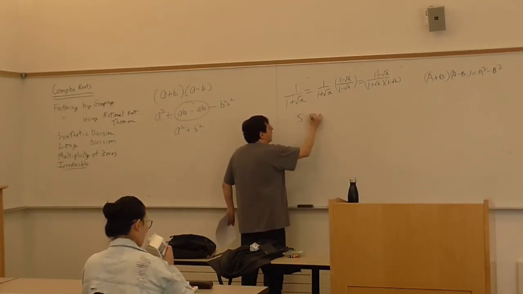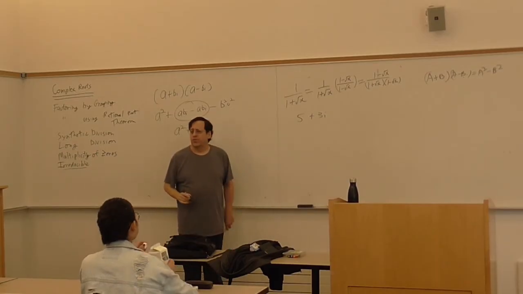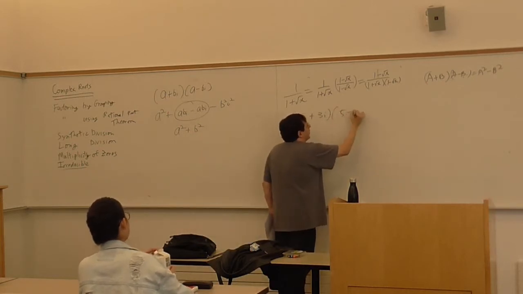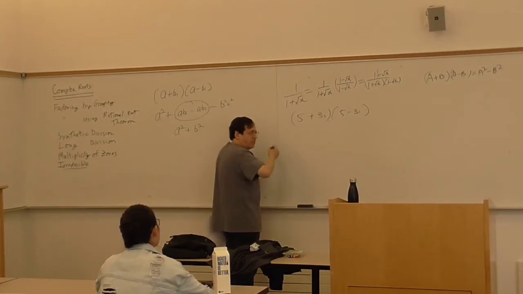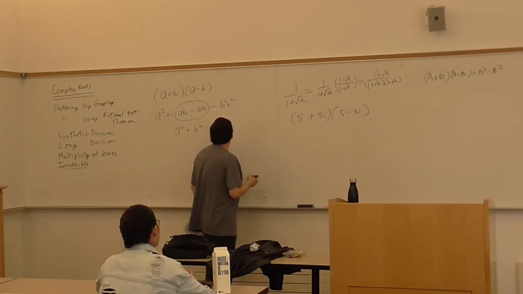So 5 plus 3i. What is the complex conjugate of 5 plus 3i? 5 minus 3i. Okay. I could do all the work, or I could just use my pattern.